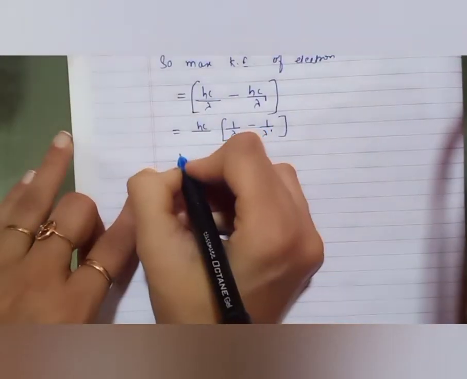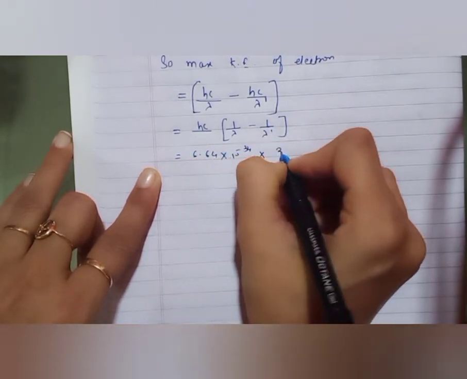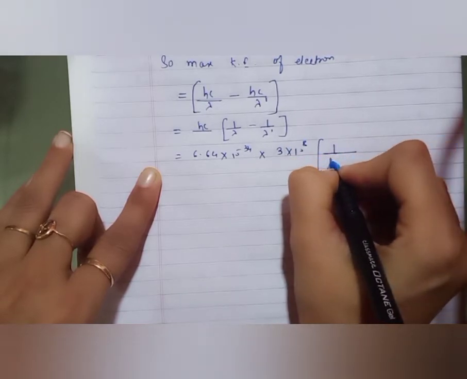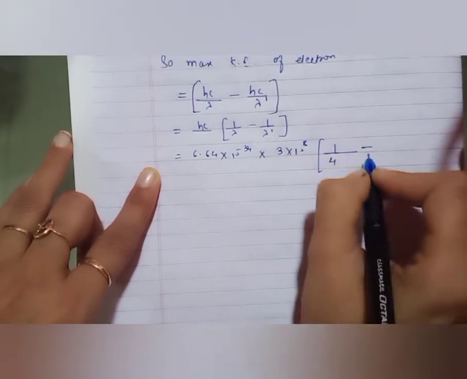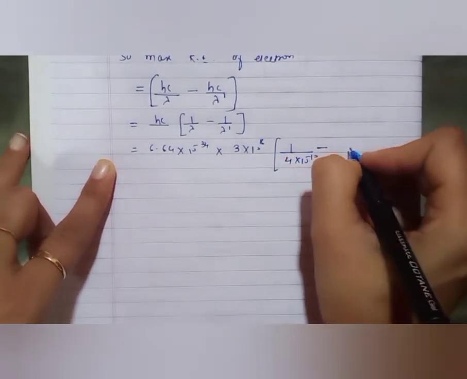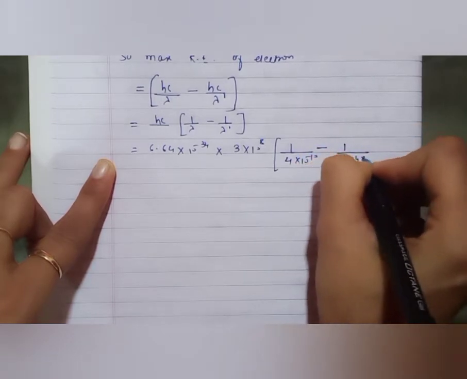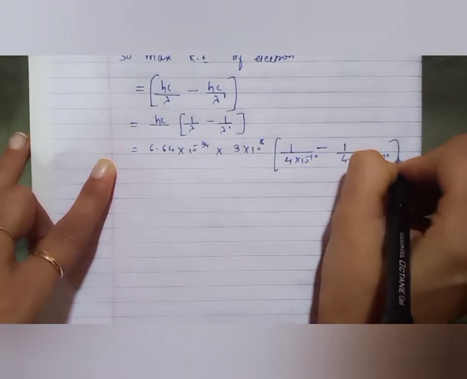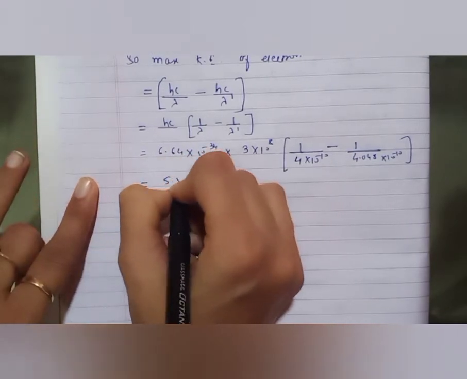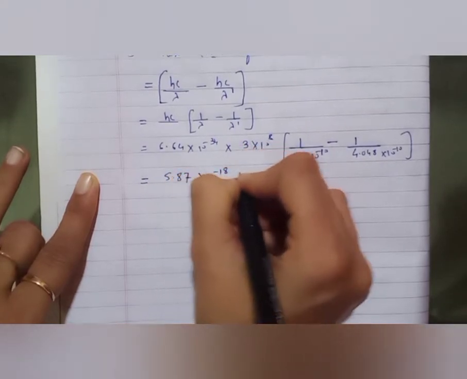Substitute the values: h is 6.64 into 10 raised to minus 34, c is 3 into 10 raised to 8, lambda is 4 angstrom, that is 4 into 10 raised to minus 10 meters, minus 1 upon lambda dash, which is 4.048 into 10 raised to minus 10. Do these calculations and you will get 5.87 into 10 raised to minus 18 joule.